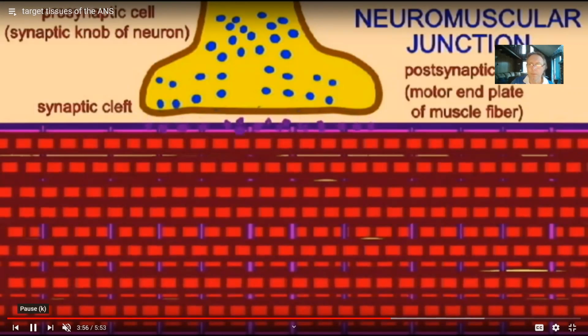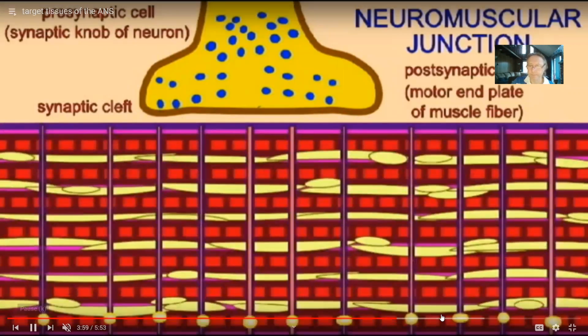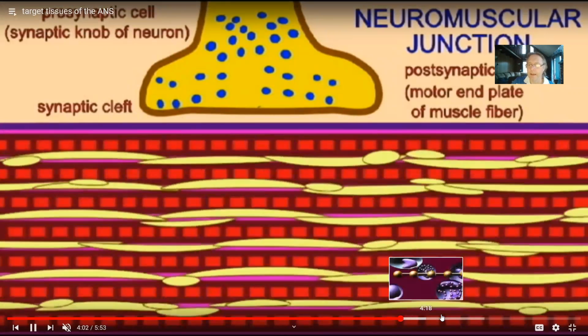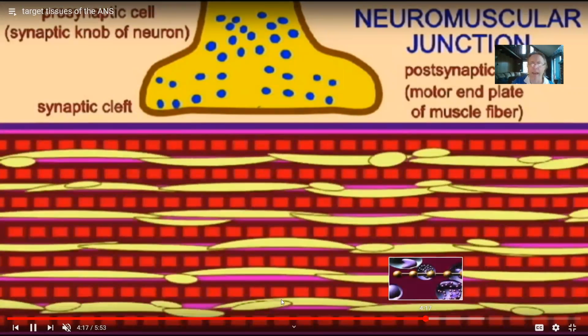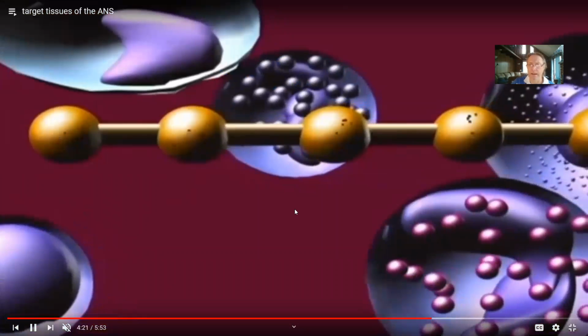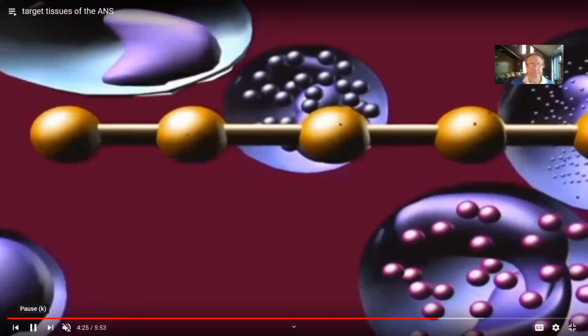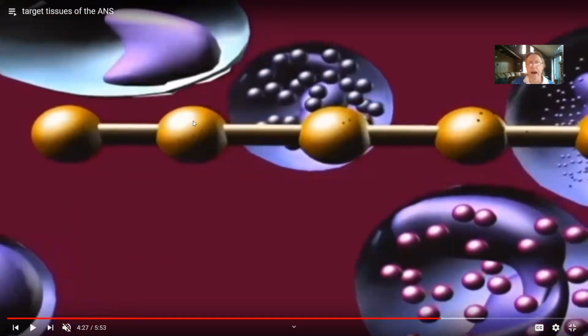However, in the autonomic nervous system, it can get more interesting because you can have the axon have a series of enlargements, varicosities, and they can release neurotransmitters along the length. It just doesn't have to be released from the very tip here.